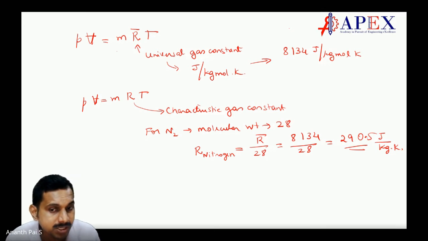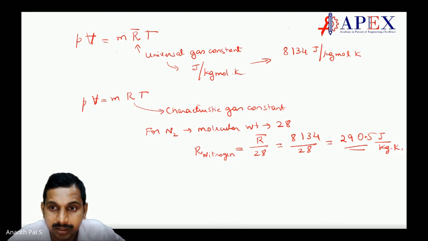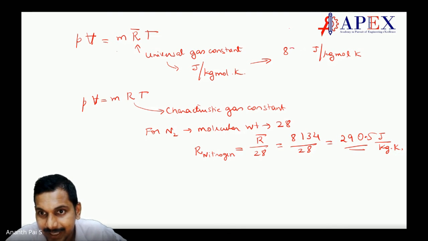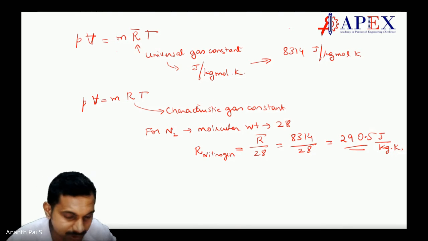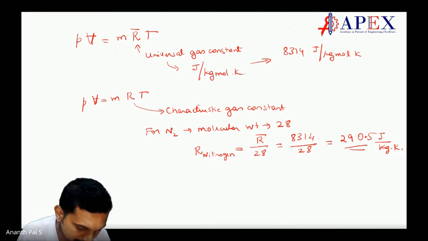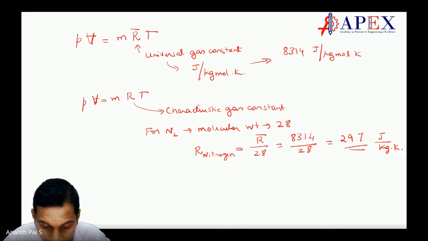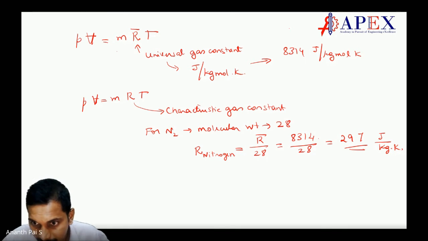So from this I can get Cp and Cv, provided it is 8314. Is it 8314? I'm very sorry, students, it is 8314. I would have made a mistake here. So 8314 divided by 28 comes out to be 296.9, or 297 joules per kg Kelvin, near about 297.